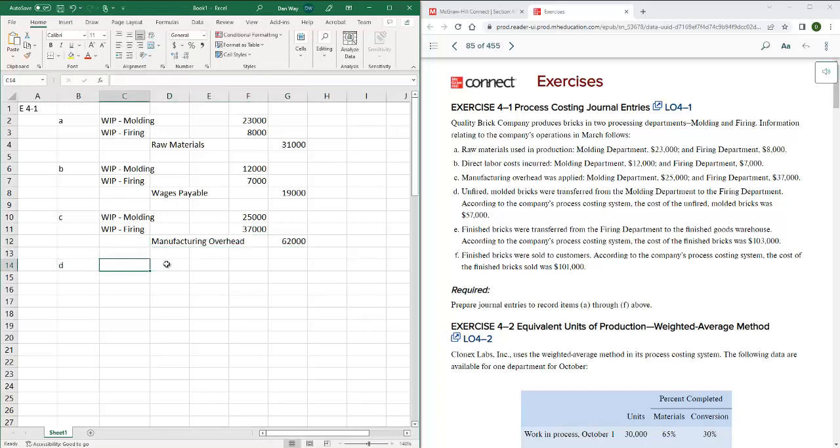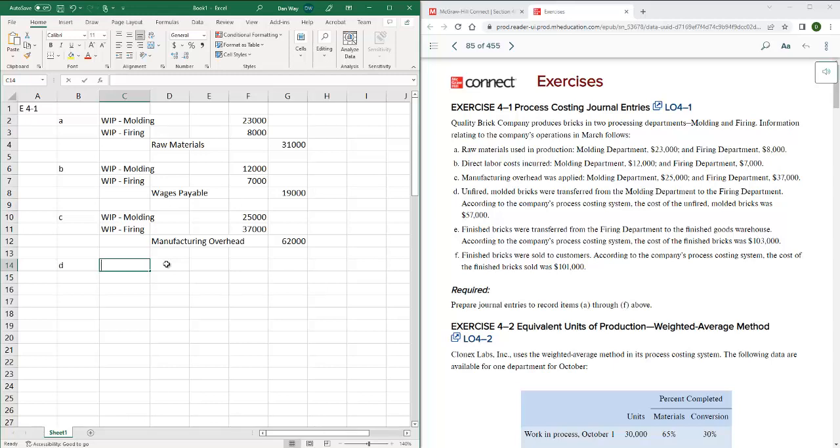Just a few more. D said unfired molded bricks were transferred from the molding department to the firing department. According to the costing system, the cost of those bricks was $57,000. So now we're showing the movement of goods through our production process, similar to what we've been doing in our job order costing system, only now we're passing them in between two processing departments.